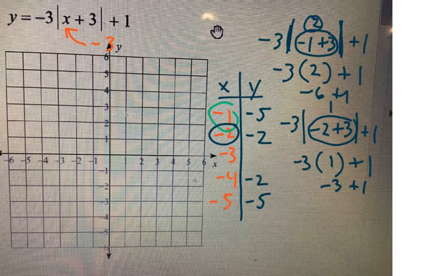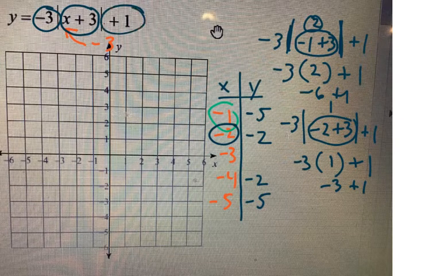By symmetry, negative 4 is negative 2. Now, the only thing left is my vertex, negative 3. To save a little time, do you agree? Negative 3 plus 3 is 0. After all, we figured that out already. Times negative 3 is still 0. Plus 1 is 1. I'm ready to graph.